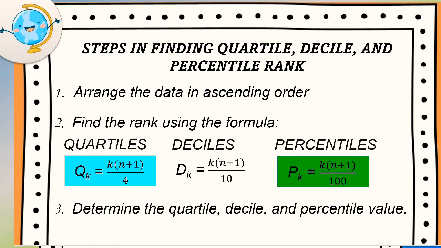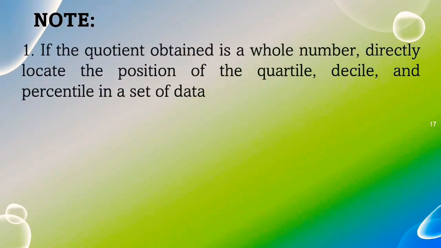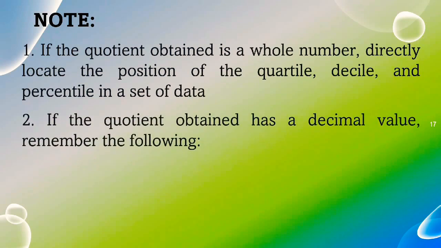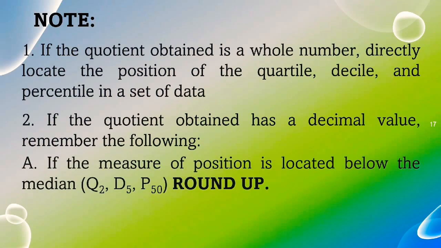So we have things to remember. In case the quotient we get is a whole number, we directly locate the position of the measures of position. But in the case that the value obtained is a decimal, we are going to identify the position. Is it above the median or below the median? In letter A, if the position is below the median, we are going to round up the data.